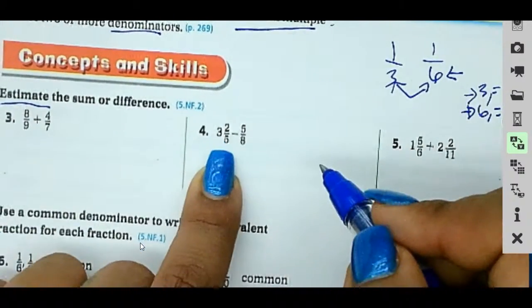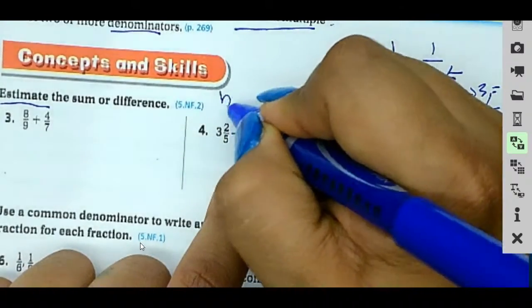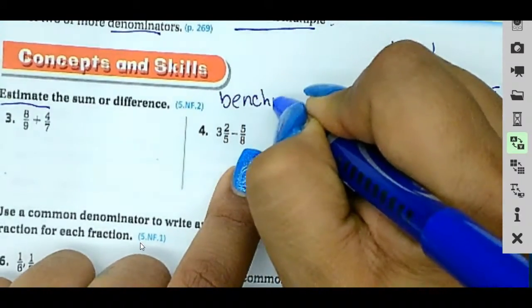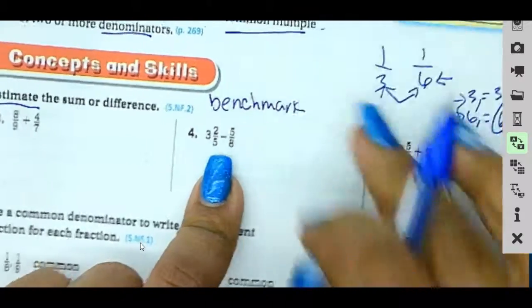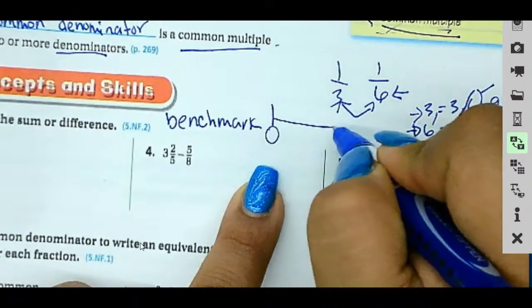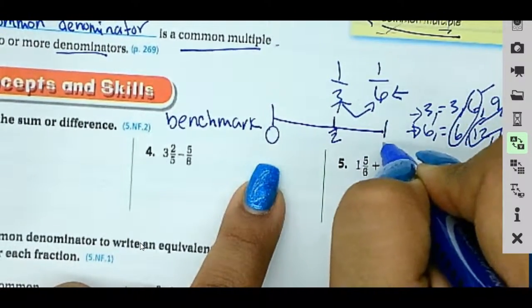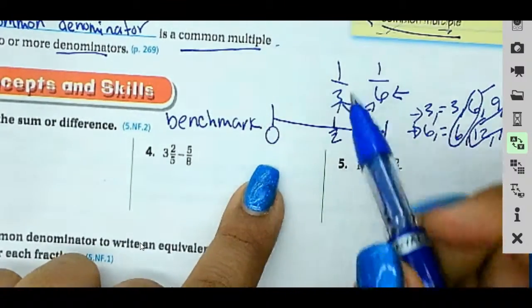So number 4 has 3 and 2/5. So for estimating, this is a keyword, estimate. You're not solving it. You're making an educated guess. So you have 3 and 2/5 minus 5/8. Remember about the benchmark, meaning we're looking at 3 numbers to make an estimate. We have 0, half, and 1. Okay?